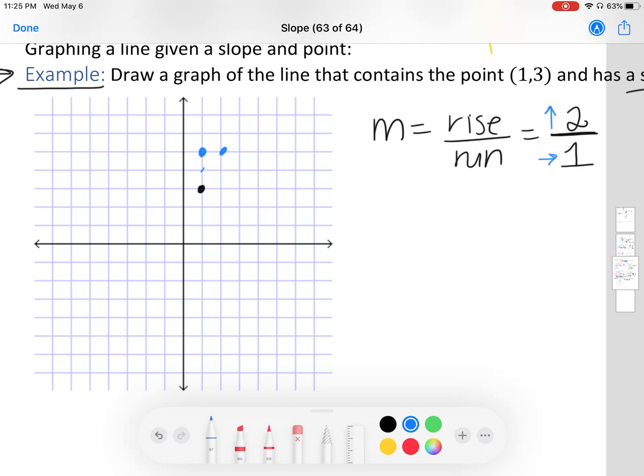So I can go ahead and have a new point. Let's go ahead and count again. Go up 2, 1, 2, and go to the right 1, and that gives a new point. So now we have a line. We can go ahead and draw a line through our points.